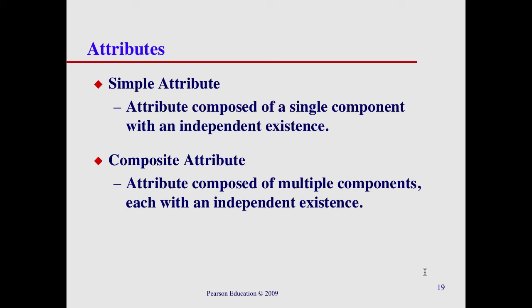The street address, the city, the state, and the zip code are four attributes associated with that one composite attribute. So they often make a distinction between a simple attribute, which is composed of a single component, and a composite attribute, which can have multiple components. A name is another example of a potential composite attribute. A name may have a first name, a middle name, and a last name.